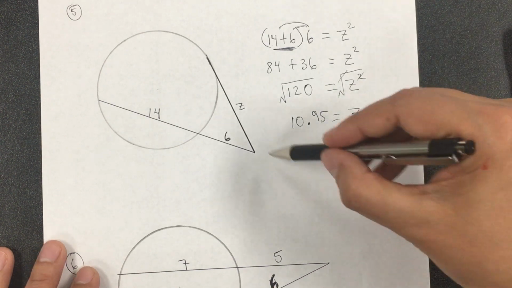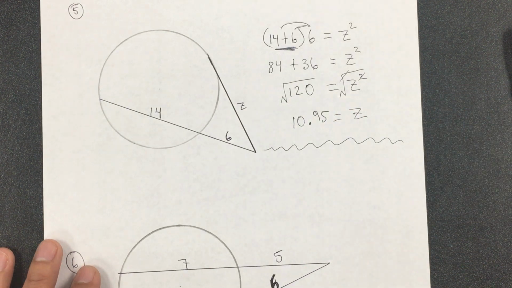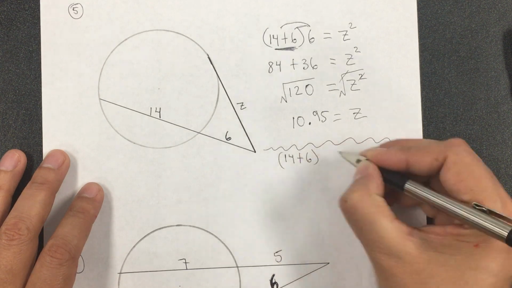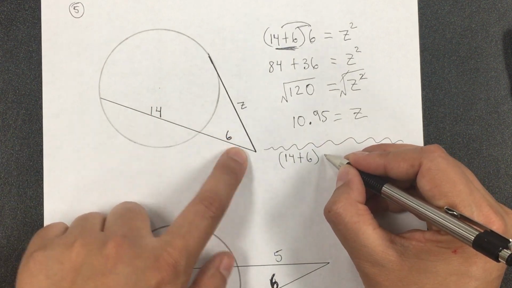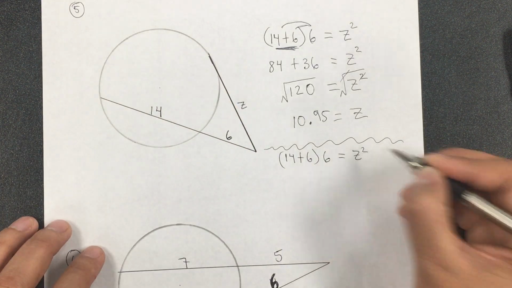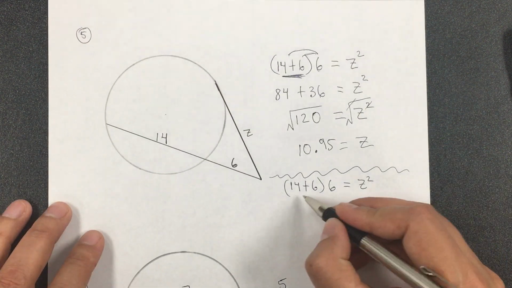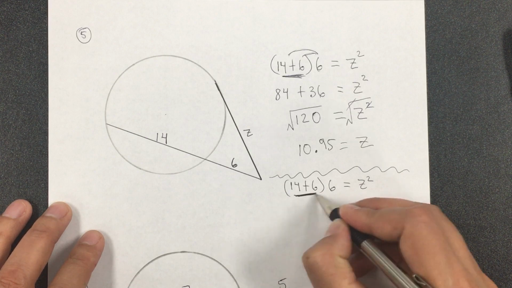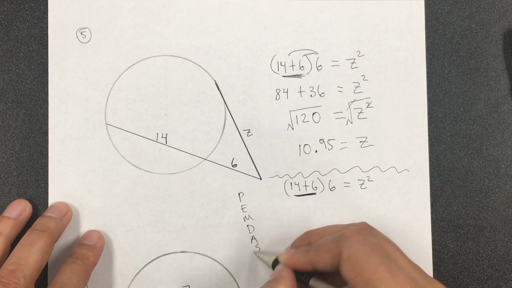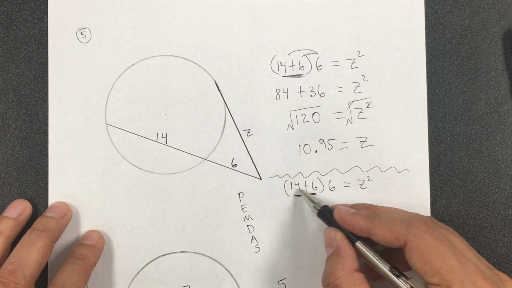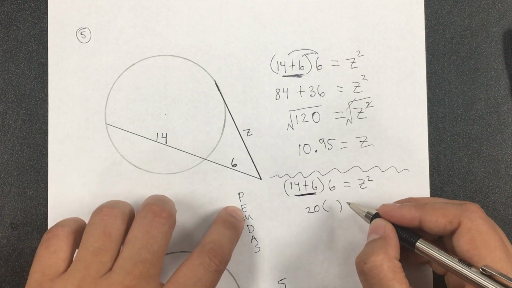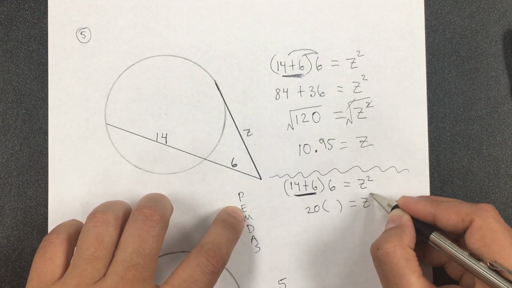Okay, let me show you if I do PEMDAS instead of distributive property. So we already said that we add this and multiply by the section outside equals the tangent square. Parenthesis comes first, so 14 plus 6 is 20. Then exponent, but we don't have any exponents that we can simplify.